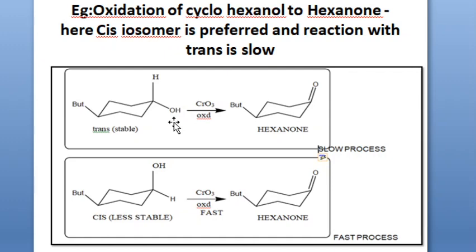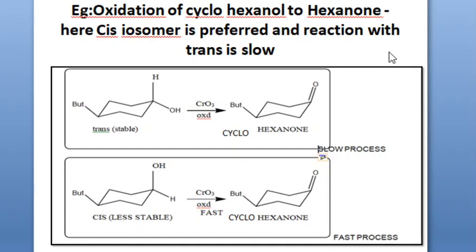Your trans isomer is slowly getting oxidized in presence of chromium 6 oxide, whereas the cis isomer of cyclohexanol oxidizes fast in presence of chromium 6 oxide, giving rise to cyclohexanone. It is not hexanone, here it is cyclohexanone. So thus you can say the cis isomer is preferred in oxidation over the trans isomer.